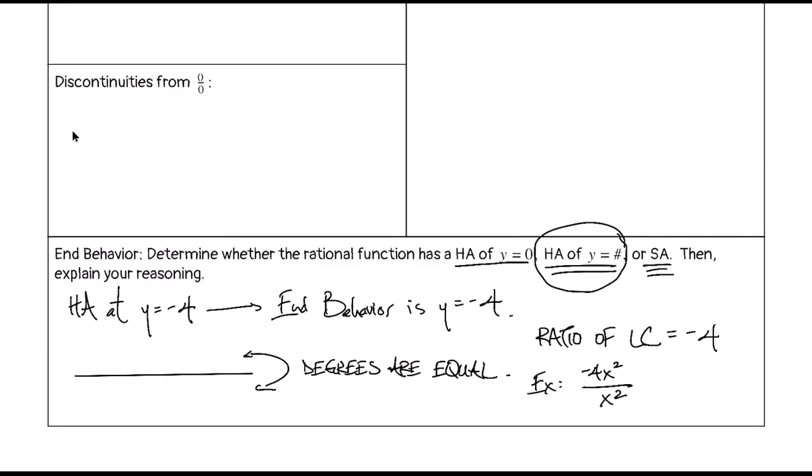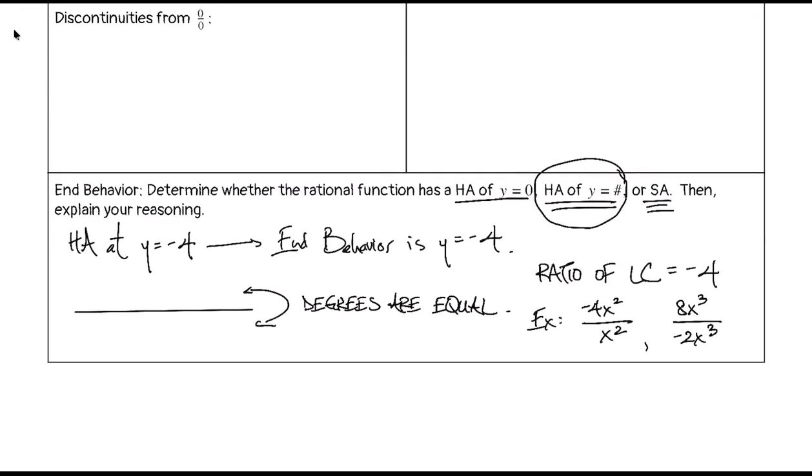That would work out, okay? It could be 8x³ over -2x³. That would also be okay. All right, so it doesn't necessarily mean that the top or the bottom has any given number per se, but the ratio of the top leading coefficient and the bottom leading coefficient should be equal to -4.